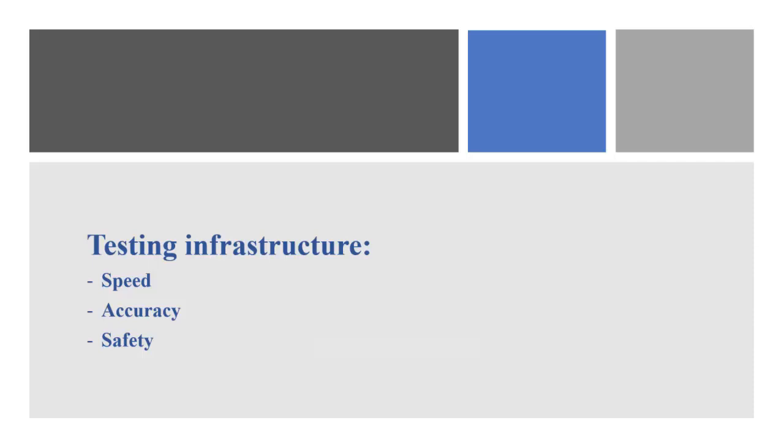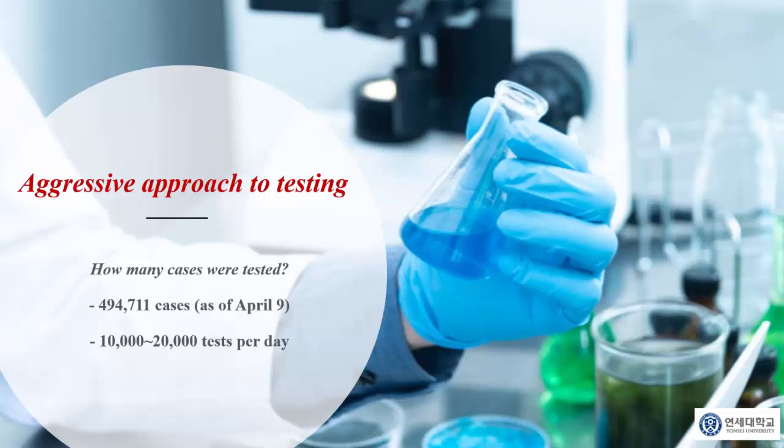Now let's turn to testing infrastructure. We adopted an aggressive approach to testing. As of April 9, nearly 500,000 tests were performed. Nearly 10,000 to 20,000 tests are performed per day.